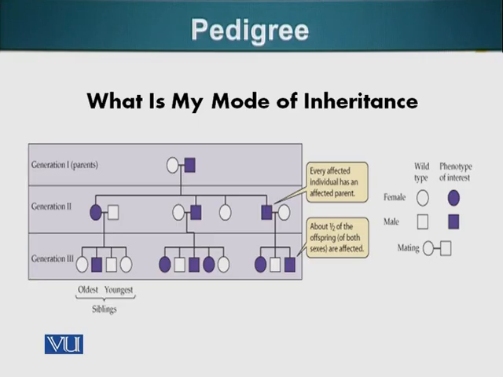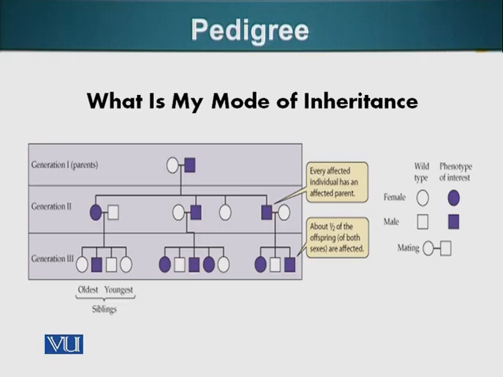If, for example, this person wants to marry someone, he wants to know the probability he will have affected children. You don't know whether the disease he's carrying is recessive or dominant. So you start out by making his pedigree, or his family tree. We have already talked about these symbols in our previous slide. So you make this pedigree.